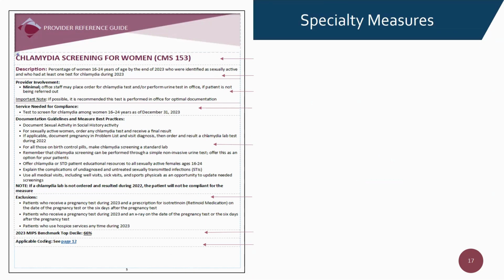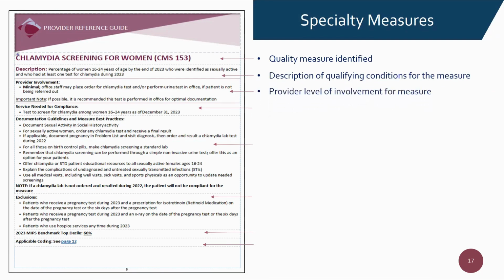In your guide, specialty measures will have this view. At the top of each page, the quality measure title will be identified. Just below will be the specialty measure description. This will give you the qualifying conditions for the measure. Next portion will identify the level of provider involvement required for the measure.